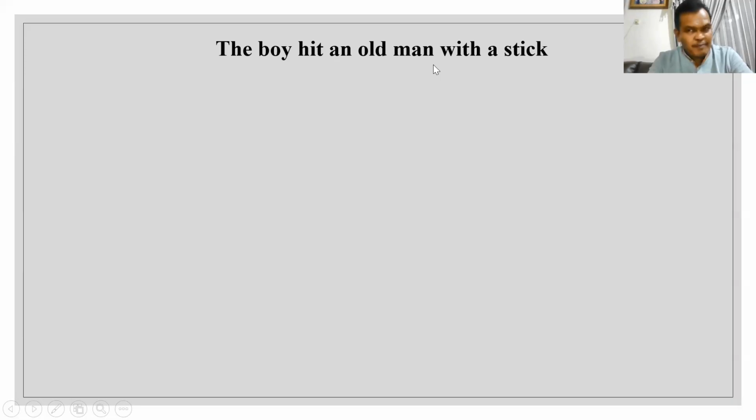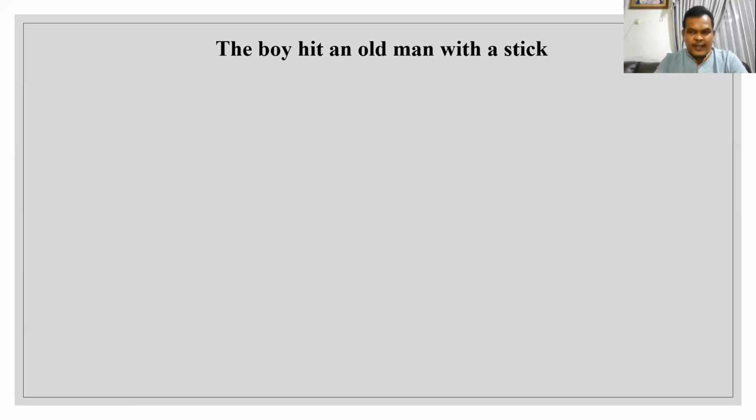That is the first possible meaning of this sentence. The second possible meaning is that the boy hit an old man who is using a stick.